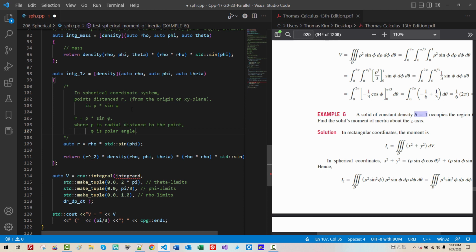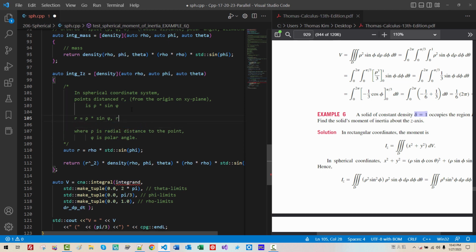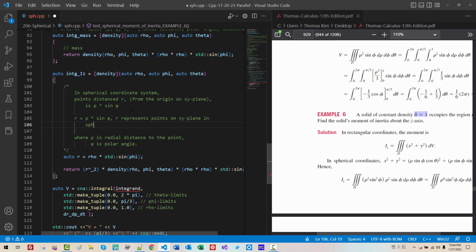You have to be familiar with the name polar angle, and also what radial distance means. r represents points on the xy plane in spherical coordinates.